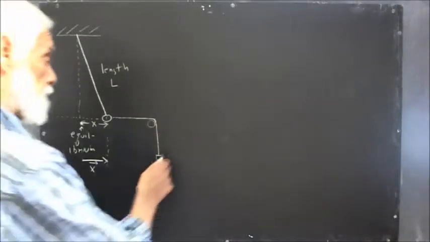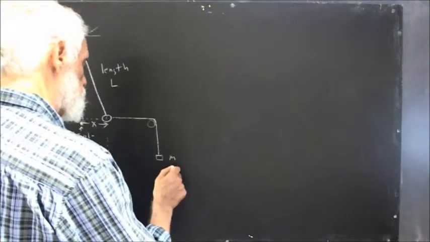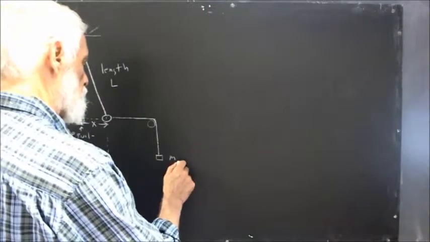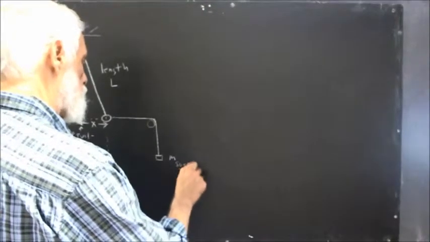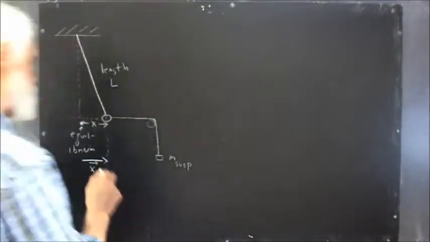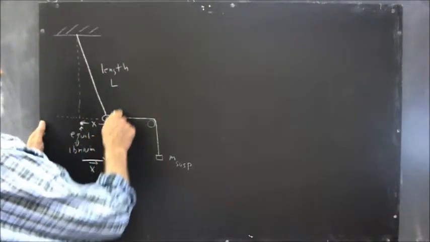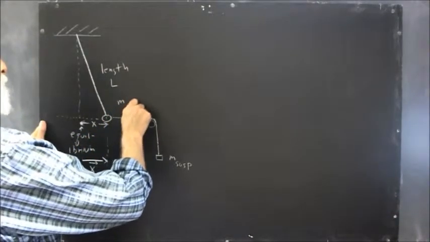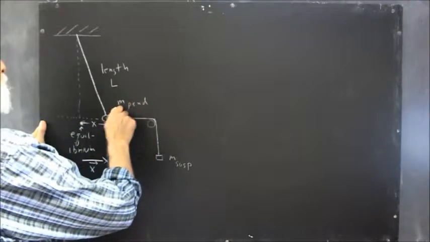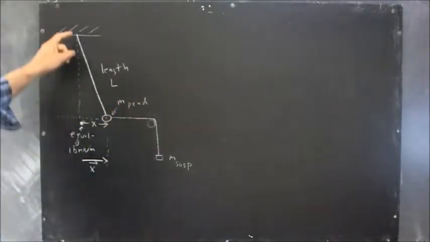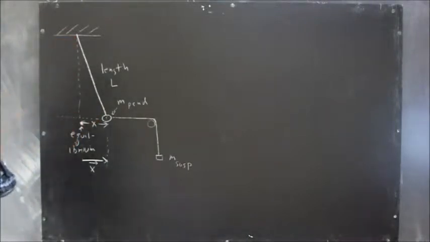We have a mass M suspended, the mass of the pendulum. This is what we call a simple pendulum. We're assuming the string is plenty strong to support it, but that the string has no significant mass.